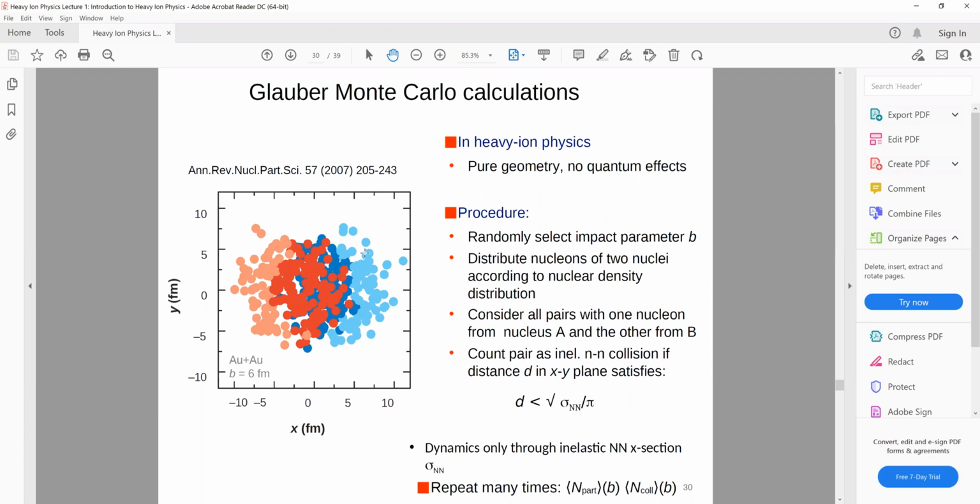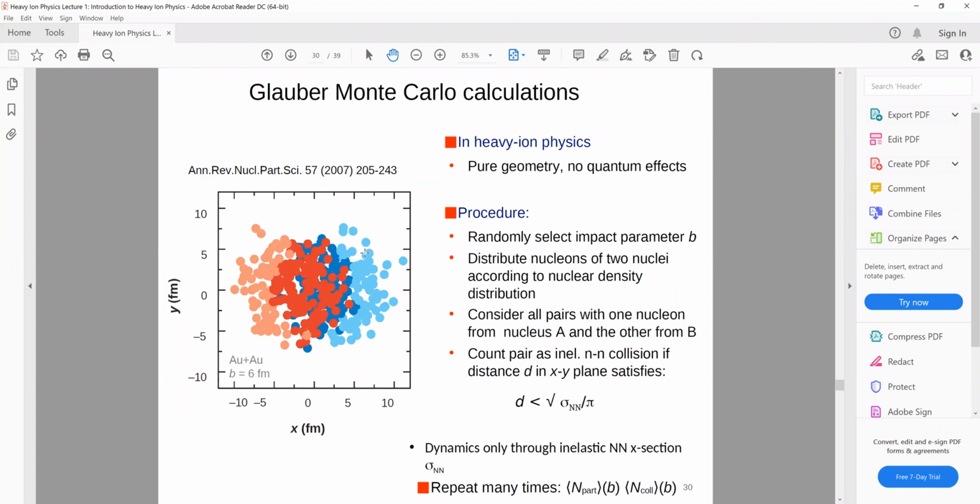Then you consider all pairs with one nucleon from nucleus A and the other from nucleus B. You count how many pairs you can have by combining one nucleon from nucleus A and another from nucleus B. To find the number of binary collisions, you have to find those pairs which have undergone inelastic nucleon collision.